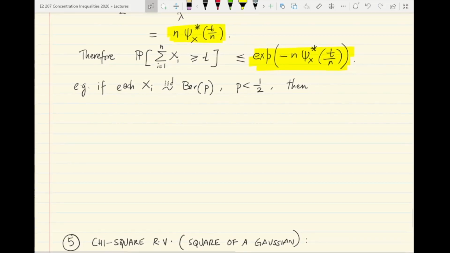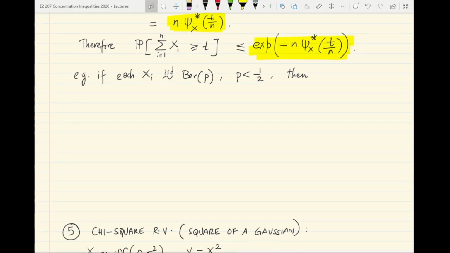So for instance, if you apply this to the sum of Bernoulli random variables, which is actually a binomial random variable with parameters n and p, where p is less than half, then what we get is that the probability that their sum exceeds t is bounded by e raised to minus n times the Cramér transform of a Bernoulli, which is D, the relative entropy, with parameter t over n relative to p.